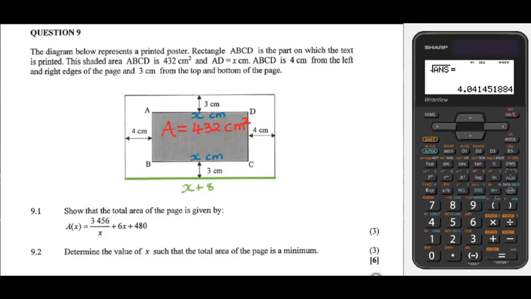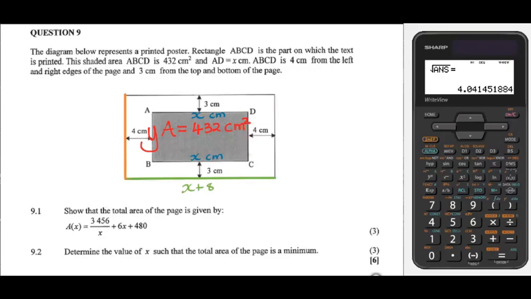Then for this part, the orange, we're going to add 3 plus 3, but we need to know what AB is. So we need to work it out first. Let's call this one y, and y on the other side.